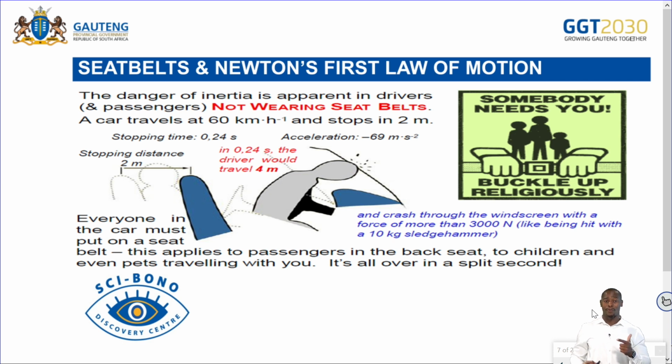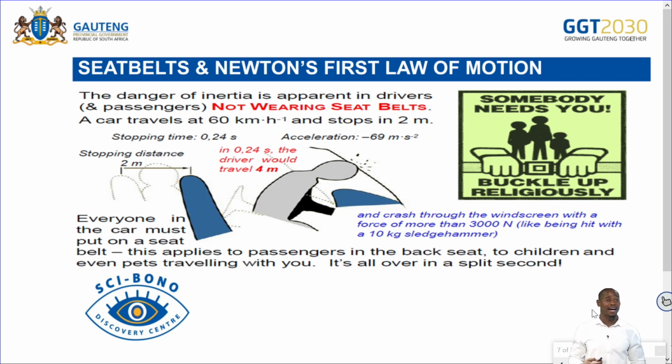When it turns, we move forward, or we move in the initial direction of the car. We don't follow the curve. The reason is our inertia. As passengers, we are moving in this direction, and the car is now changing direction, so we are trying to resist the state of our motion. This is the law of inertia, so you should understand what inertia is.